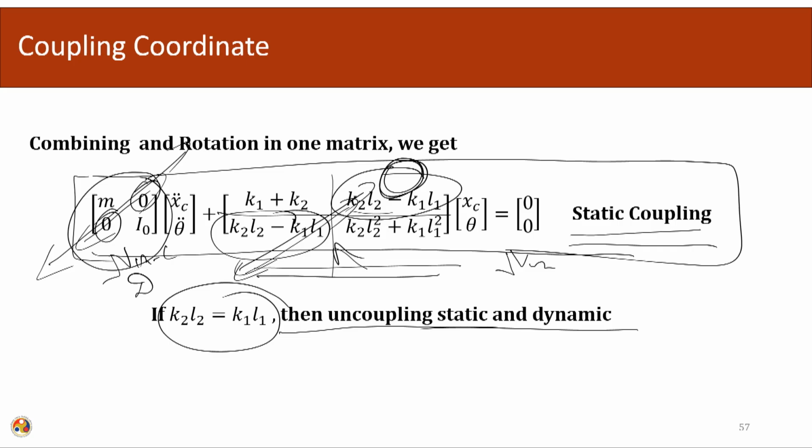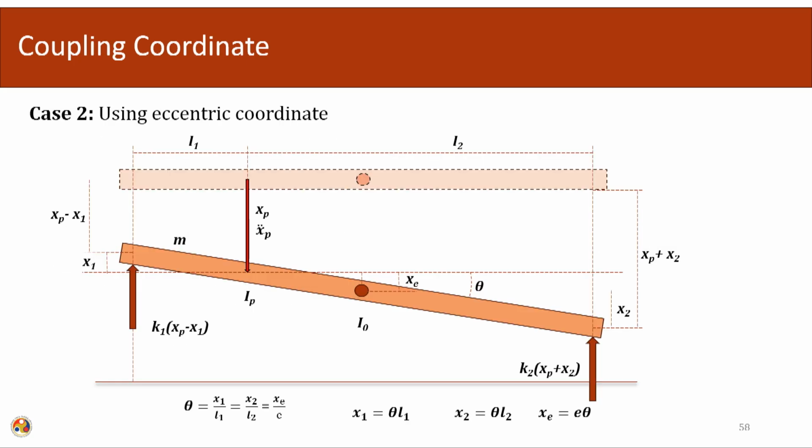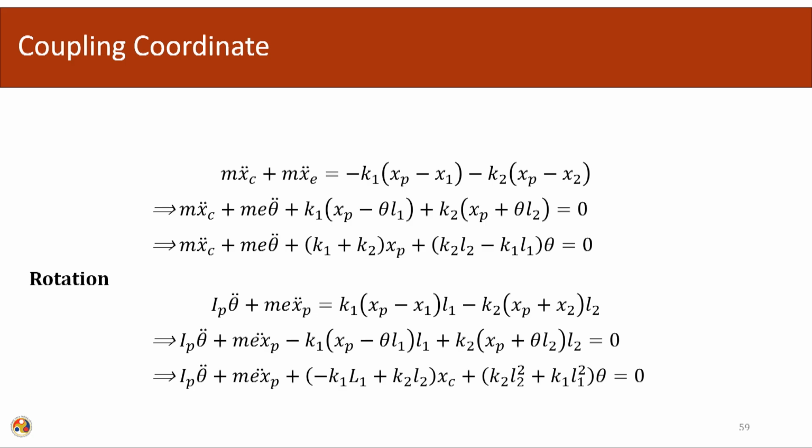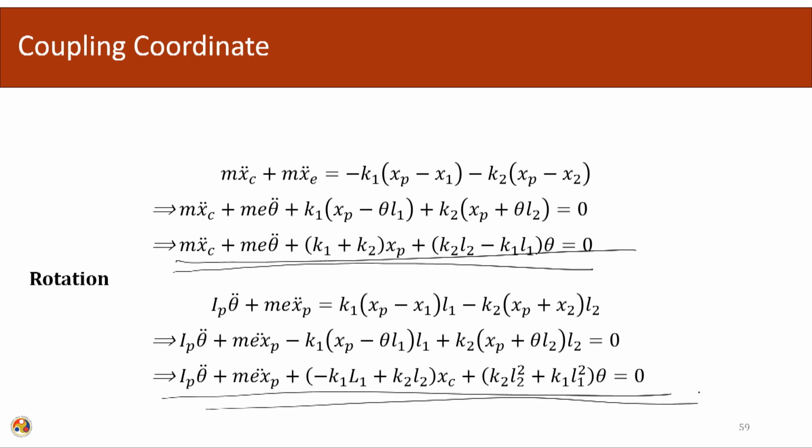Now, we change the coordinates. Earlier we were calculating using the center of gravity. Now, we have taken one more point, which is at an offset distance from the center of gravity. We follow the same principle and derive the equations, the translation equations and the rotational equations.